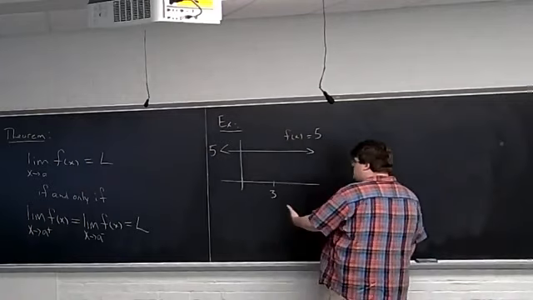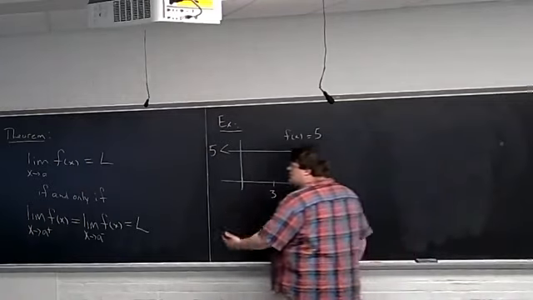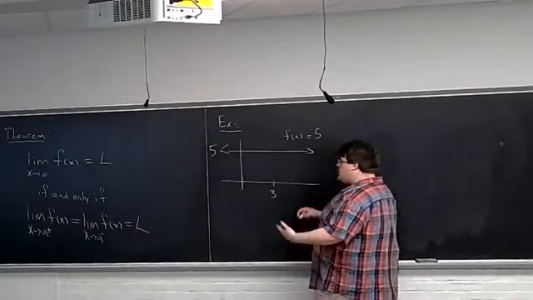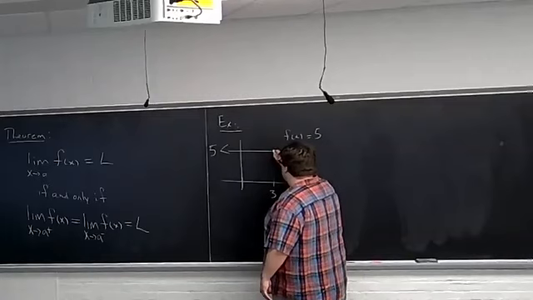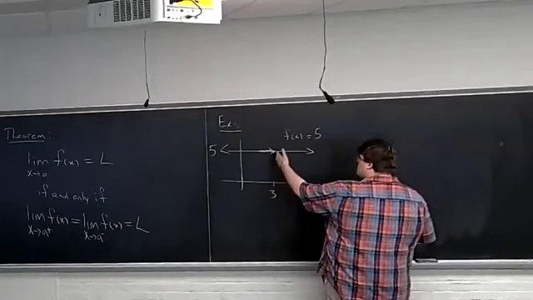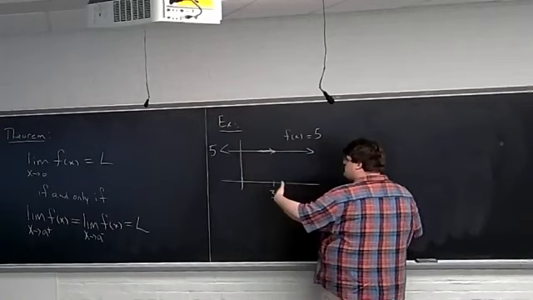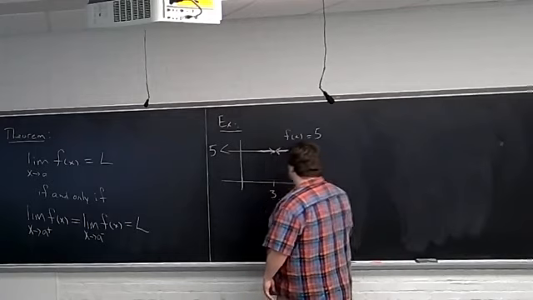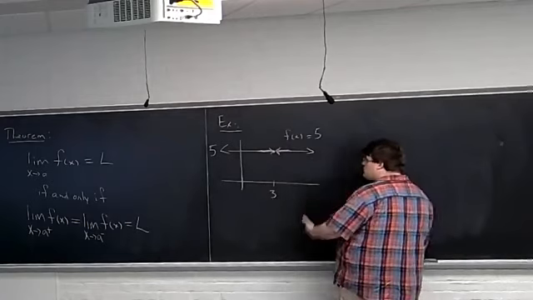Let's take a look at the limit as x approaches 3. Using this theorem, we'll look at both sides of 3. On the left of 3, the y values approach 5. On the right of 3, the y values also approach 5.